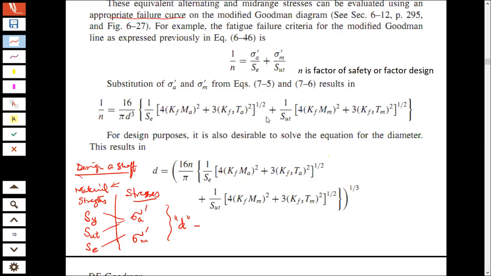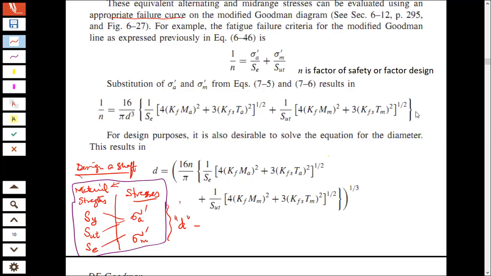For example, the modified Goodman criteria, which is modified for shafts, says: look at the strengths and the stresses that I just put over here.